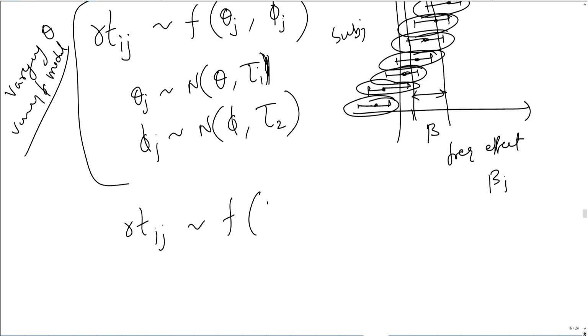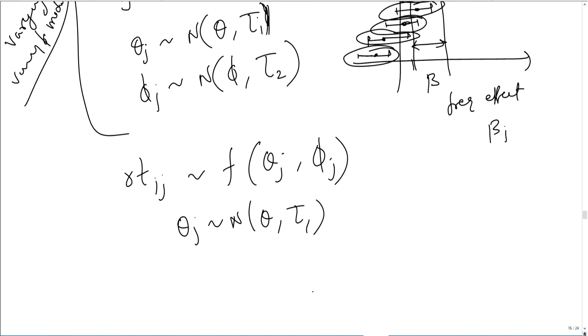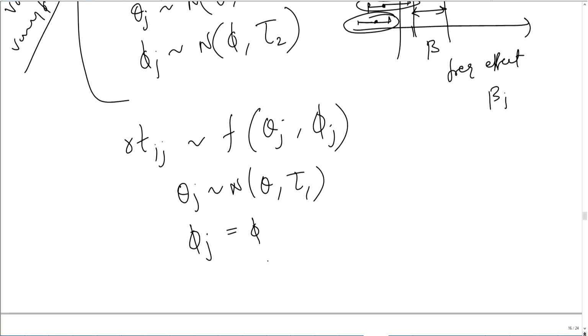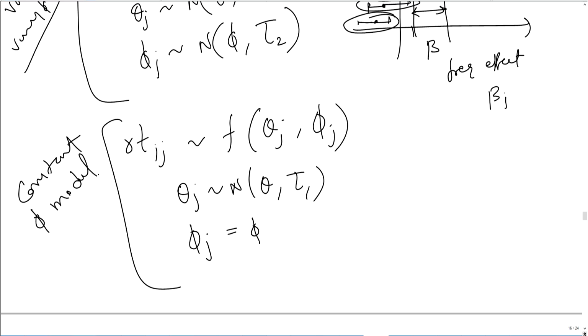So let's say f of theta j, phi j such that theta j comes from normal theta, tau 1, but phi j is equal to phi. So phi j remains constant. So across all subjects, this parameter phi remains constant. Let us call it the constant phi model. So all individuals have exactly the same phi.